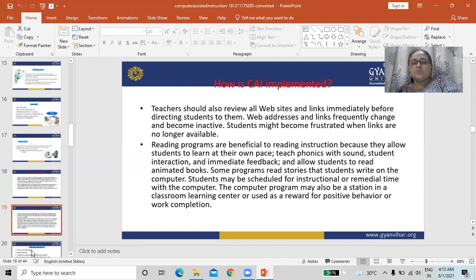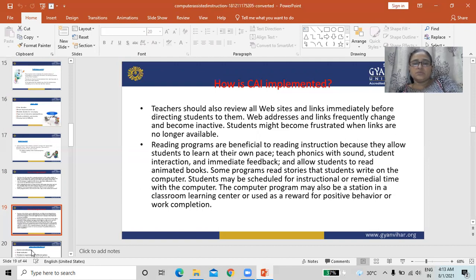They teach phonics with sound, student interaction, and immediate feedback, and help students to read animated books. Some programs read a story, and the student writes on the computer.